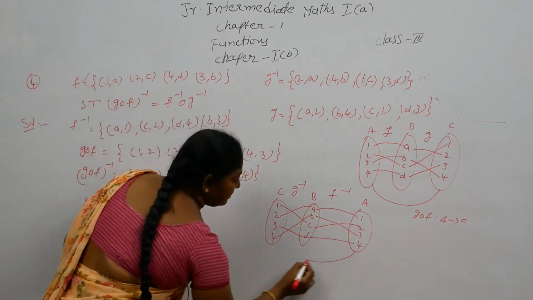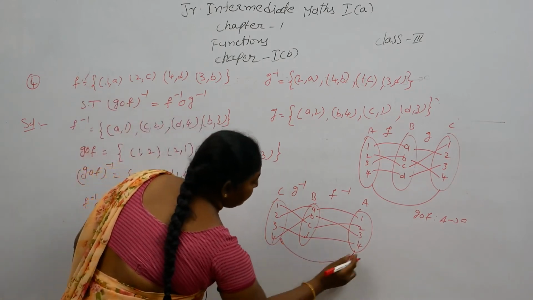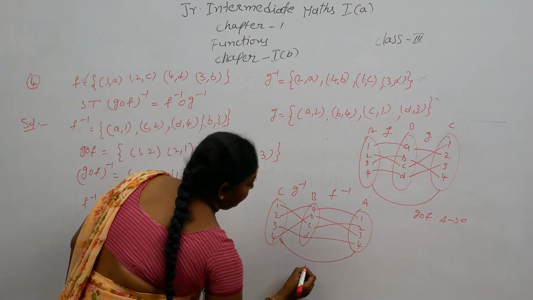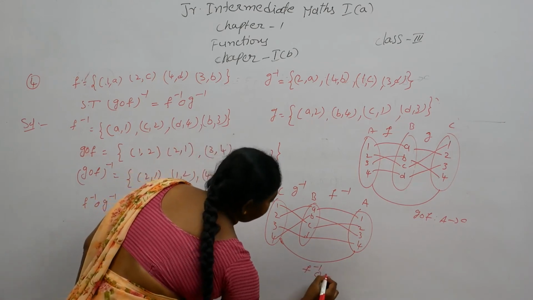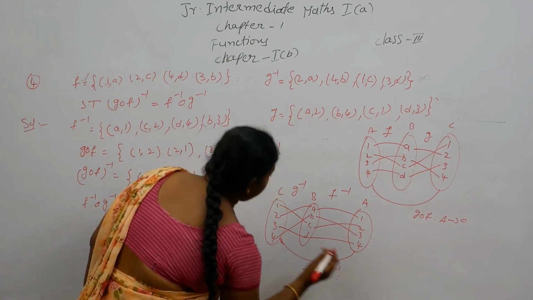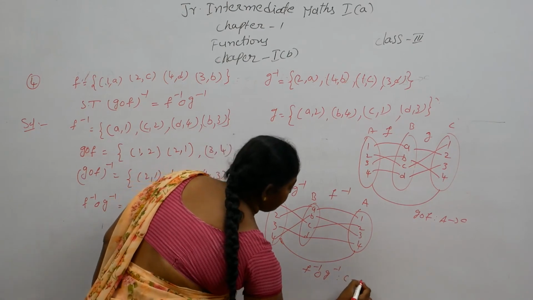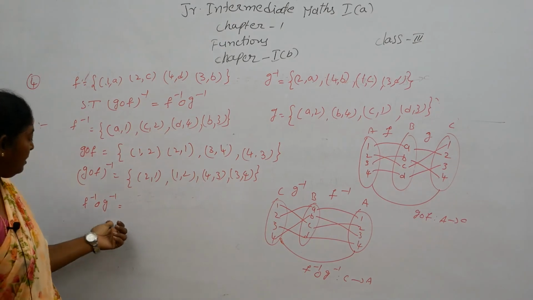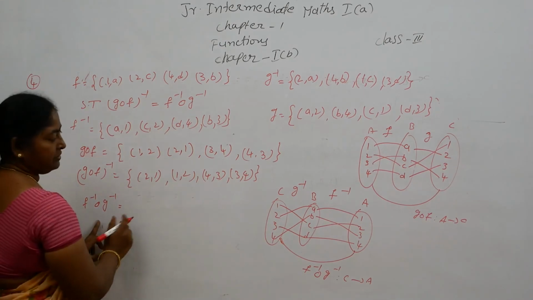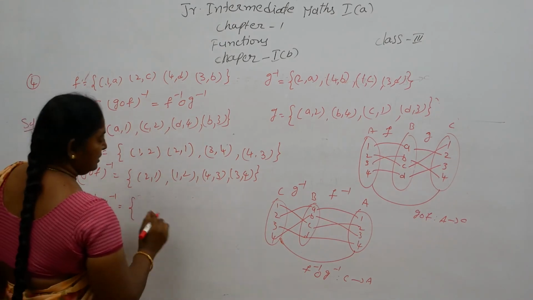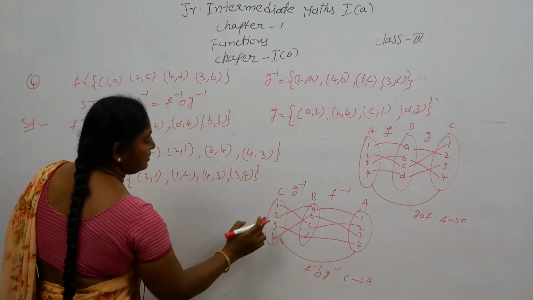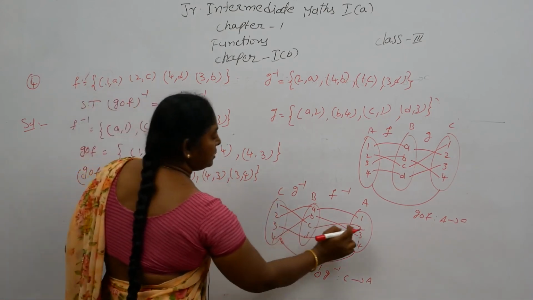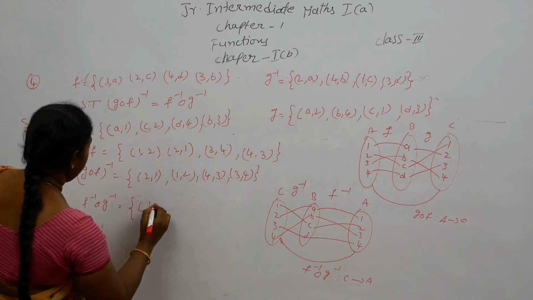Next, this function maps from A to C, so F inverse of G inverse goes from C to A. Here C is the domain: 1 to C, C to 2, so 1, 2.